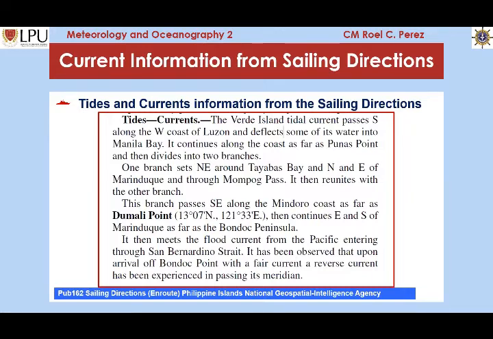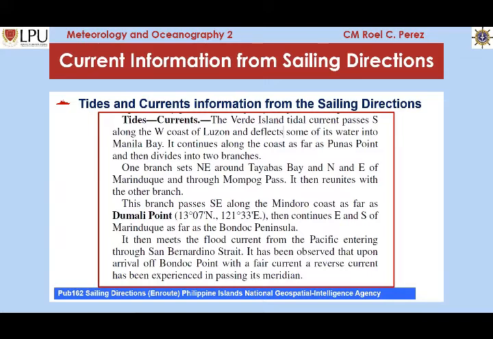It continues along the coast as far as Punas Point and then divides into two branches. One branch sets northeast around Tayabas Bay and north and east of Marinduque and through Mompog Pass. It then reunites with the other branch.